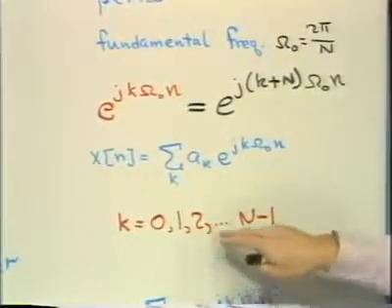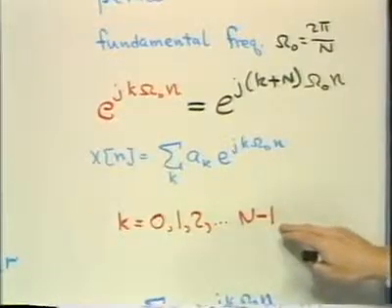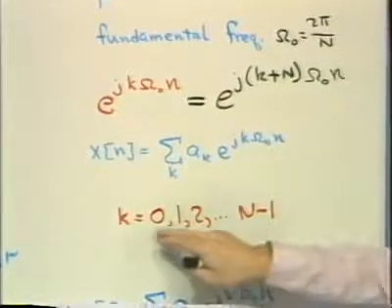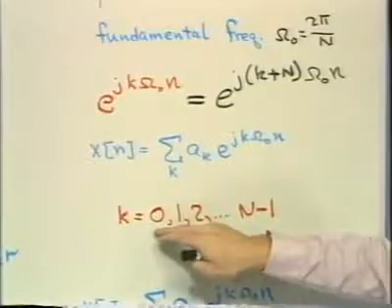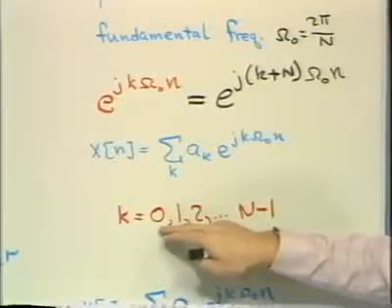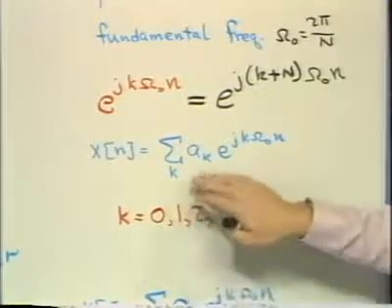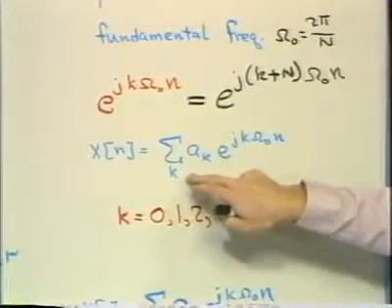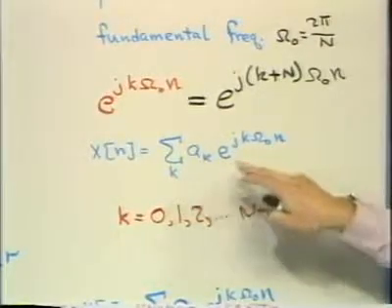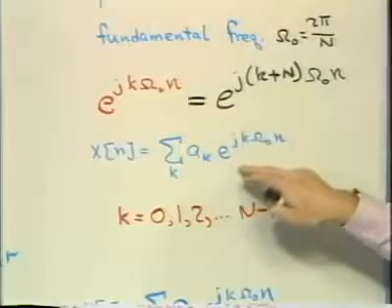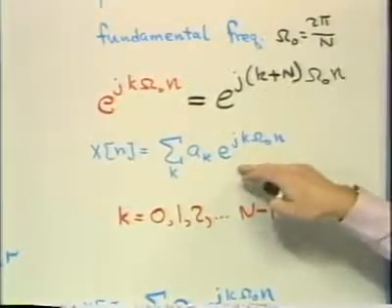So, for example, if k takes on the value capital N, that will be exactly the same complex exponential as if k is equal to 0. So this sum ranges only over capital N distinct complex exponentials, for example, from 0 to capital N minus 1.